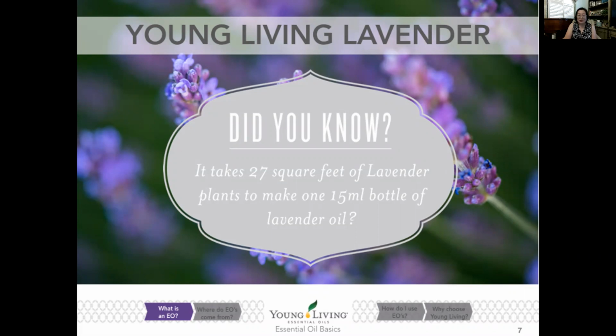One pound of raw peppermint, which makes about 26 tea bags, is used for one 15 milliliter bottle of peppermint essential oil. One drop of essential oil is the equivalent of 26 tea bags. It's very concentrated and potent.